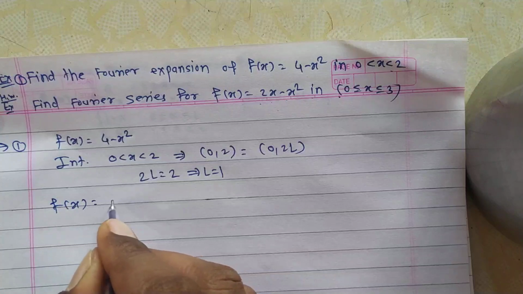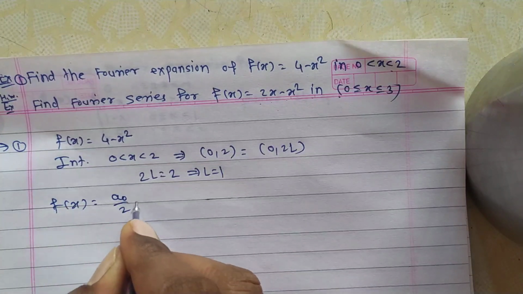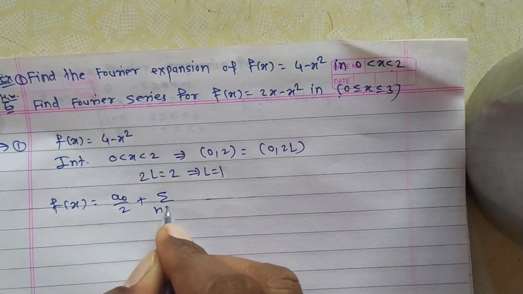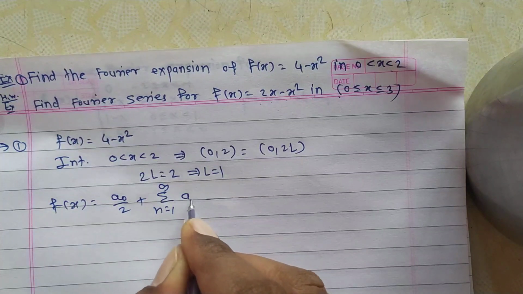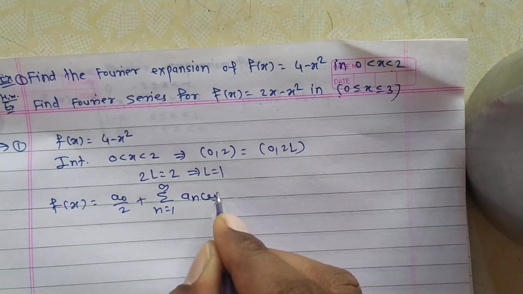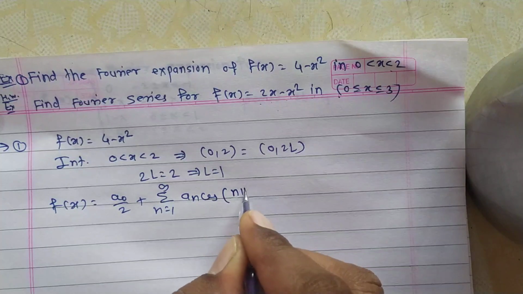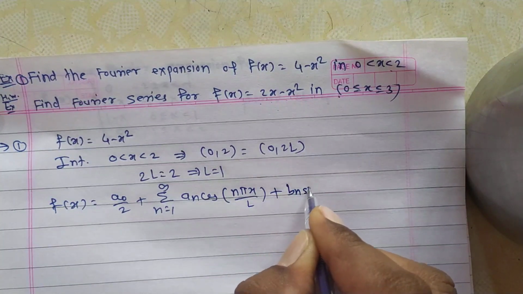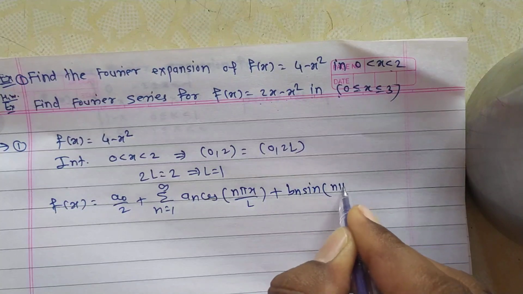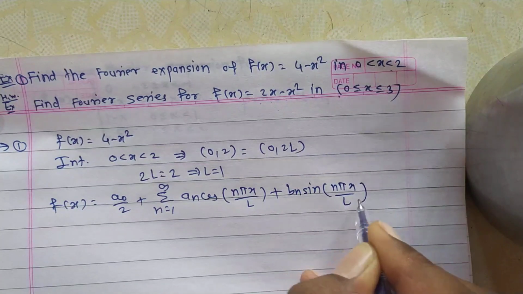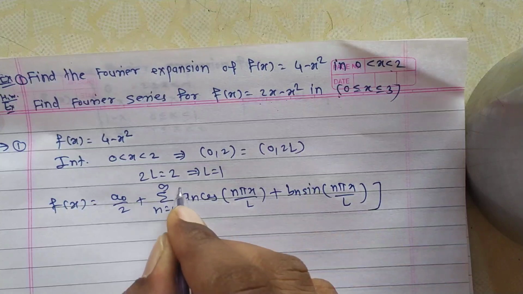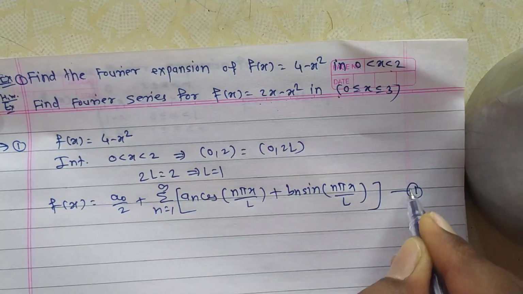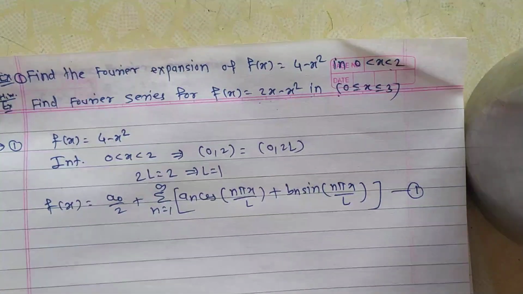So formula is f of x is equal to a0 by 2 plus summation of n varies from 1 to infinity an cos n pi x by l plus bn sin n pi x by l. So we have to find here all three coefficients a0, an and bn, and put l equal to 1.